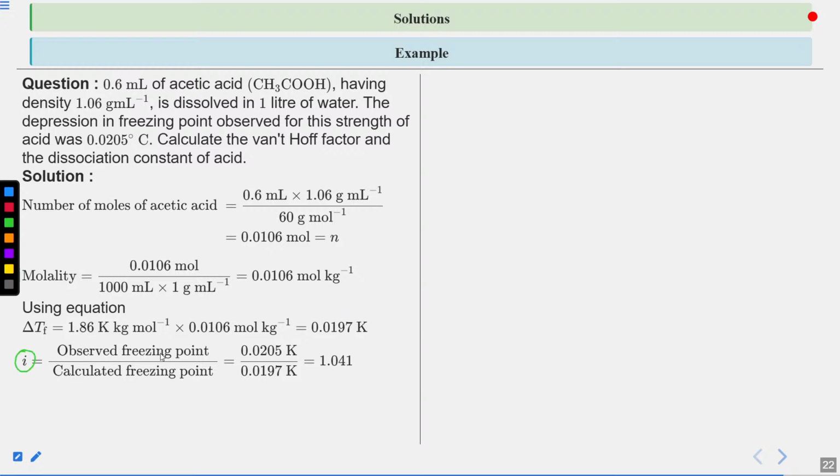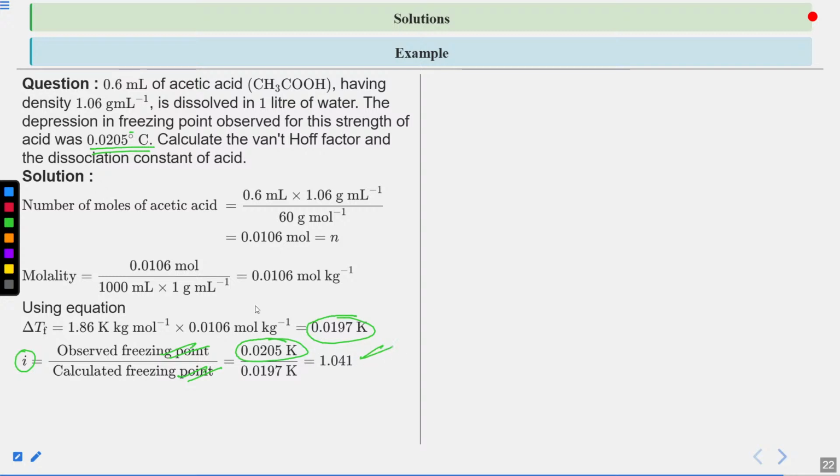Now what will be the value of i? It will be observed freezing point divided by calculated freezing point. So this is the calculated one, and this is the observed one, 0.0205. So why have we taken 0.0205? Because the depression was given as 0.0205. So this will give you i value as 1.041.